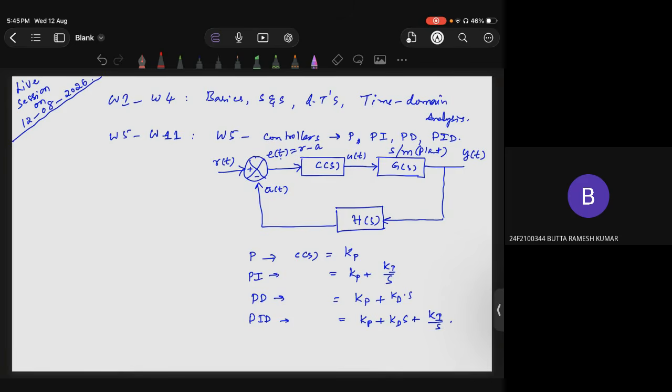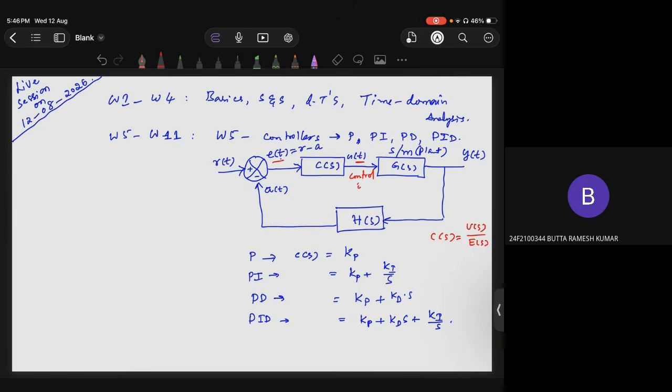Here C of S is nothing but U of S divided by E of S, in Laplace transforms. U of S is the Laplace transform of U of t. So U of S equals E of S into C of S, right? We call this U of t the control input.